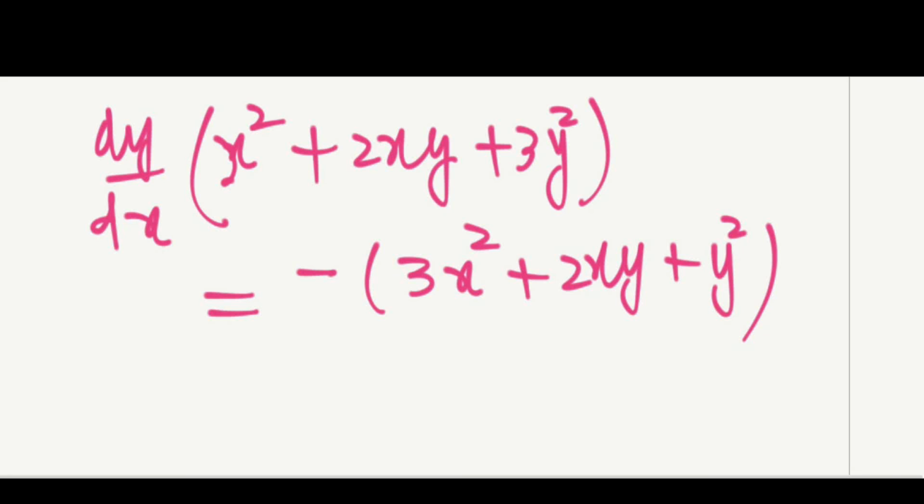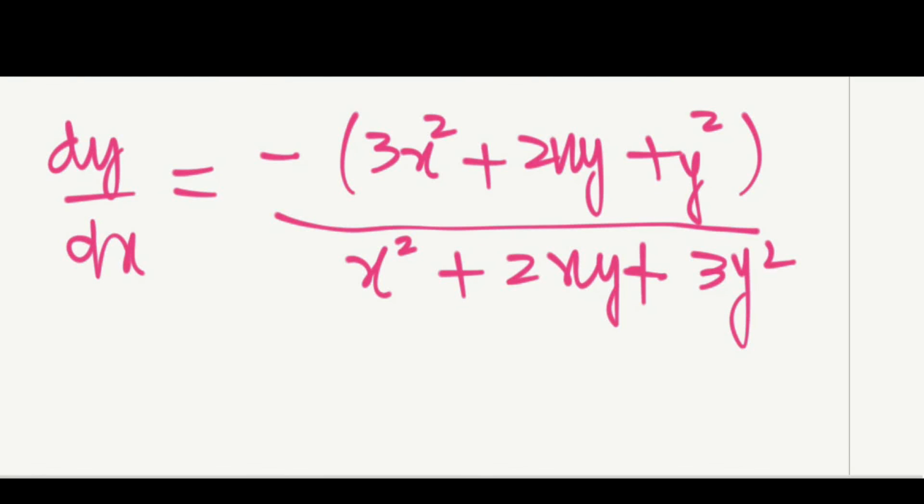Finally we get dy upon dx equals minus, in the bracket, 3x square plus 2xy plus y square, upon x square plus 2xy plus 3y square.